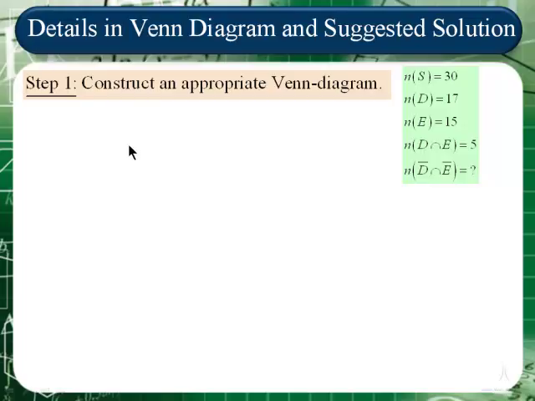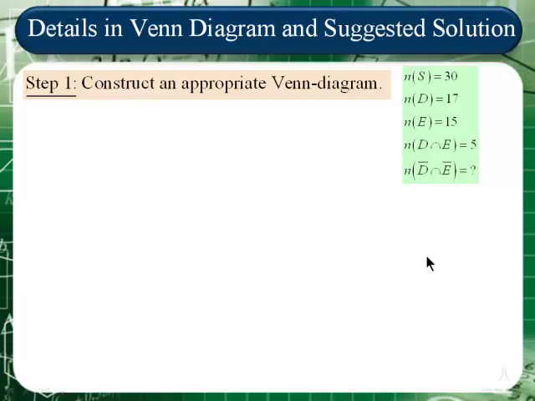Let us look at the details in Venn diagrams and suggested solutions. Now this is in symbolic form, the information that was given and the problem that we are faced with. Remember, this can also be written as the cardinal number of the complement of D union E.